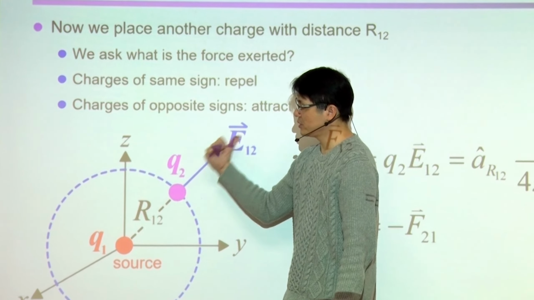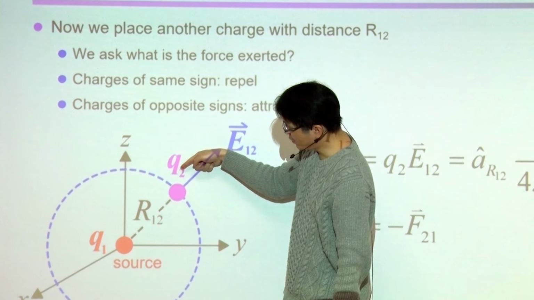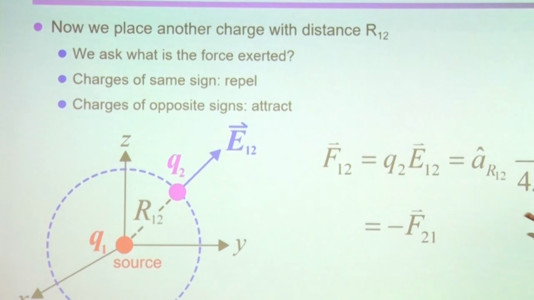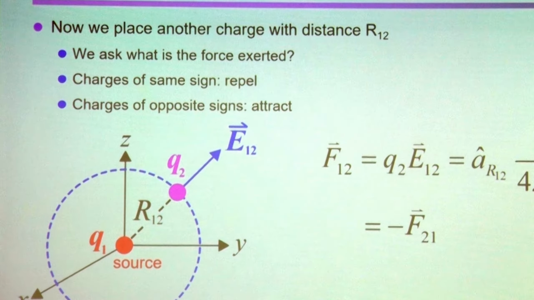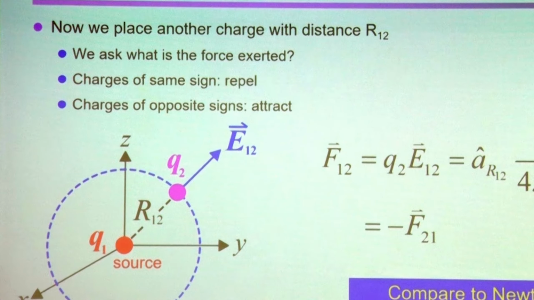So if these two charges are both positive, then F12 is pointing from 1 to 2. F21 is pointing from Q2 to Q1, so it's reversed. So this is really, again, nothing new. But what I'm trying to say is, Coulomb's law is really the direct analogy of Newton's law of universal gravitation.